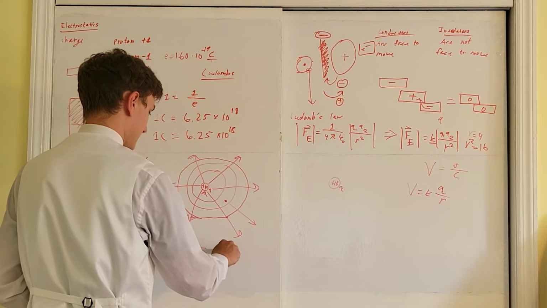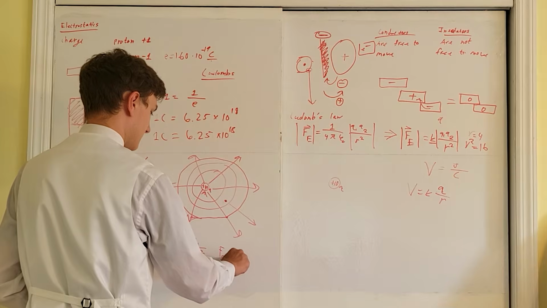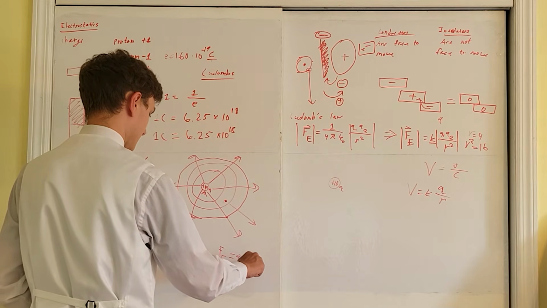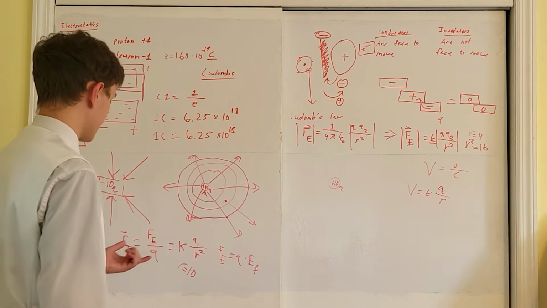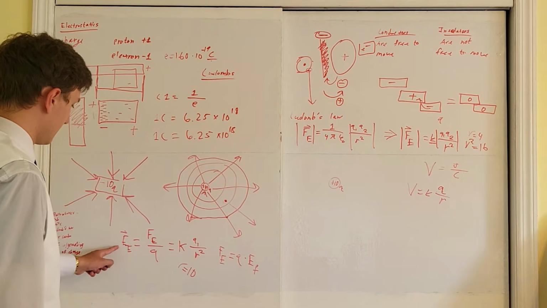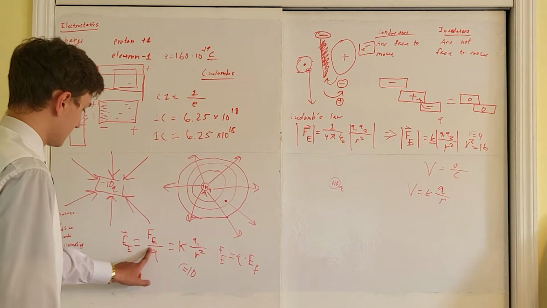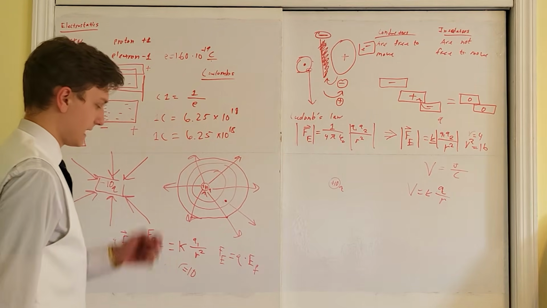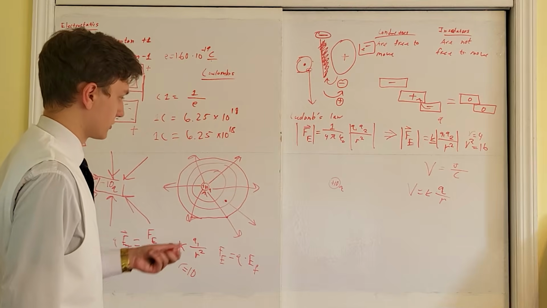The electric force acting on any particle is given by the charge Q on that particle multiplied by the electric field. And that's exactly the equation we're given right here. The electric field times Q is the electric force acting on that charge, okay?